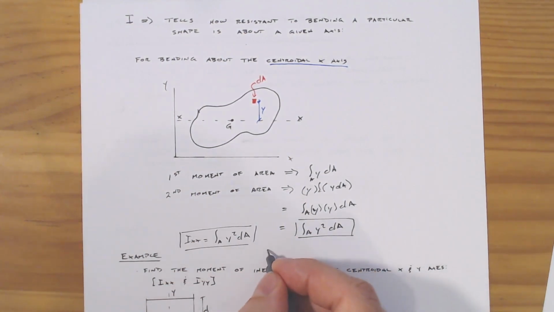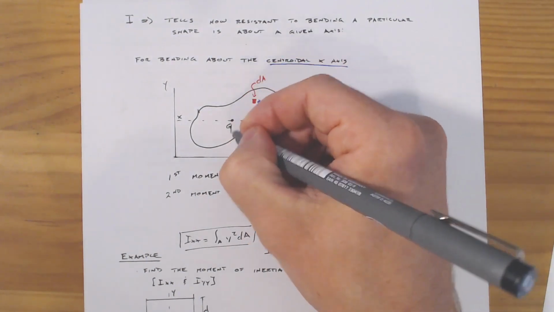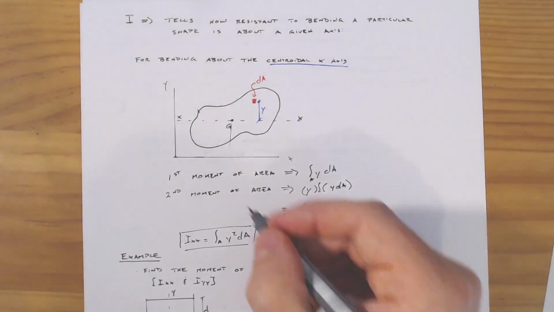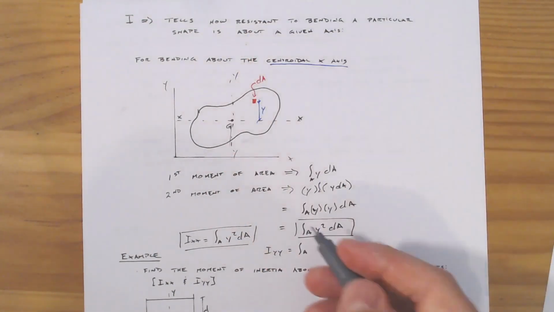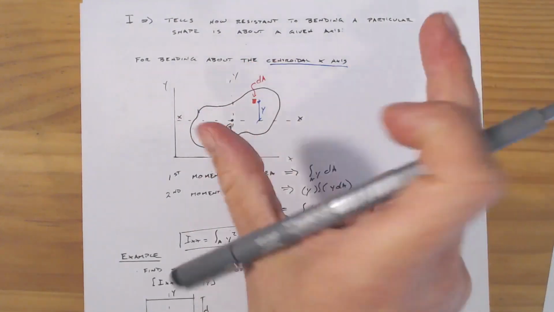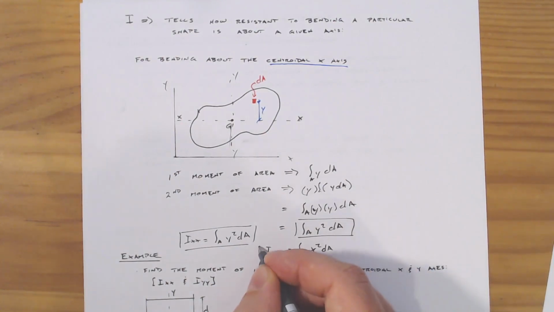And Iyy, which is the axis turning about the y direction, is the integral over the entire area of x squared dA.